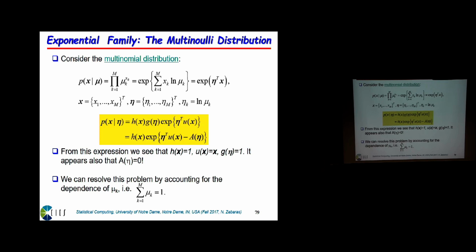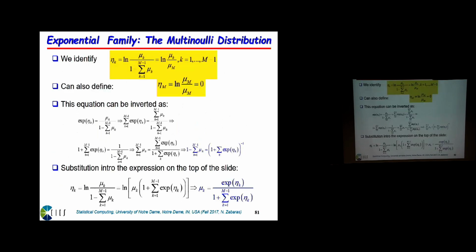What is wrong is that these parameters, mu_1 to mu_M, are not independent. They have to satisfy that the sum has to be equal to 1. So what you need to do is, in this expansion, get rid of the last term, mu subscript capital M, and write this in terms of the summation from k=1 to M minus 1.